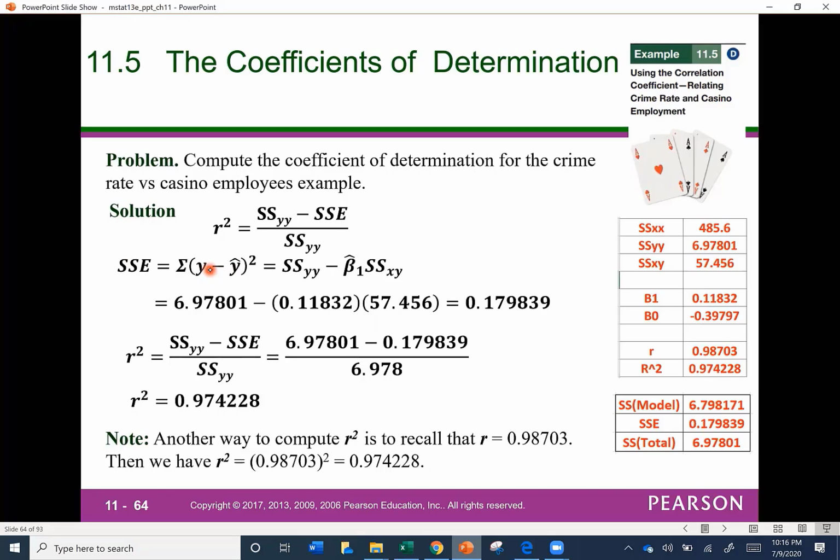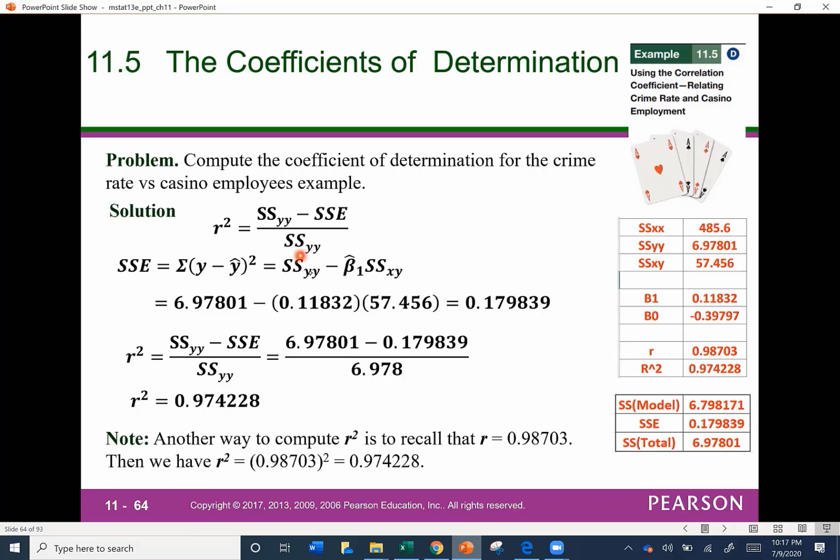We obtain all of the deviations, square them, and sum all of these squares. But the shortcut formula is this one. Remember, we did one problem using this formula before. The sum of squares of error is the sum of squares of all y minus b sub 1, the slope, times the sum of all xy.